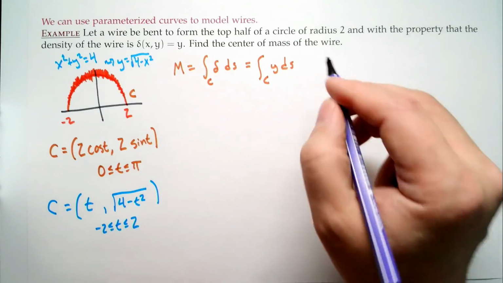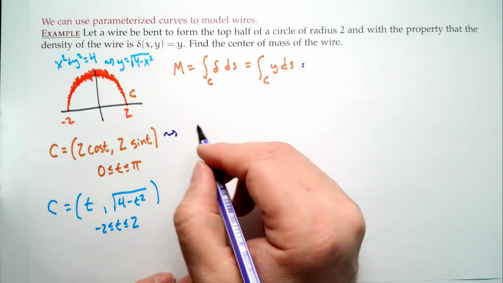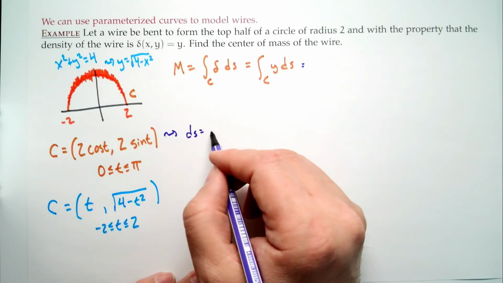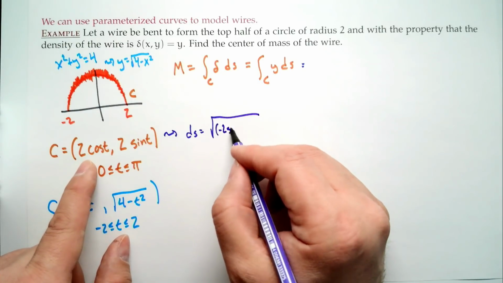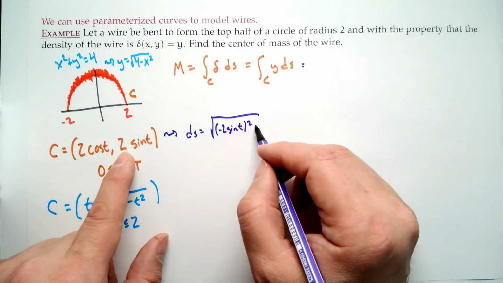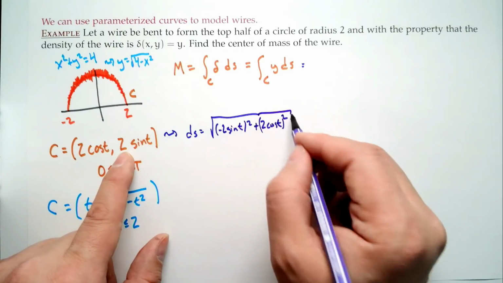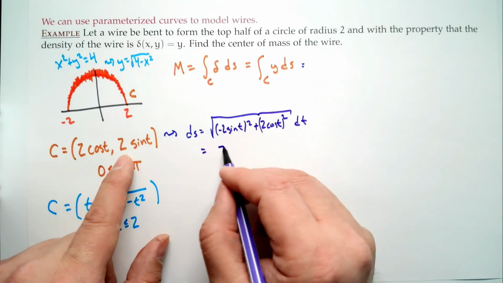Okay, so let's find our mass. What does our ds become? If we use the first one, ds is the square root of, take the derivative with respect to x, so we've done a couple of these, so I'll do that a little bit quickly, negative 2 sine squared, plus derivative with respect to y, that's 2 cosine squared. And if you simplify that, it becomes 2.